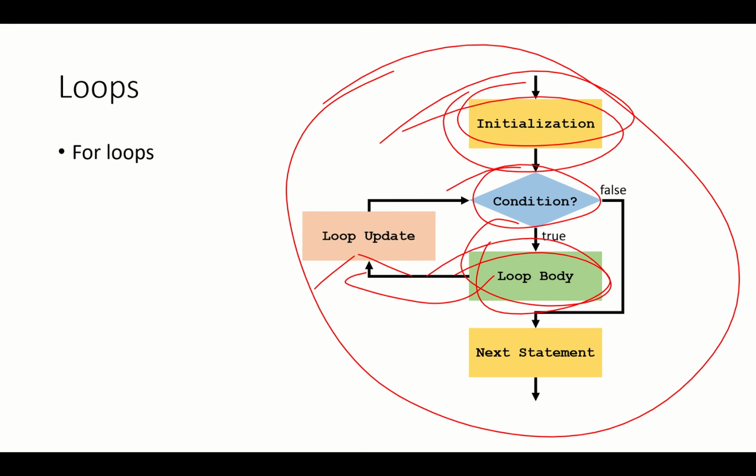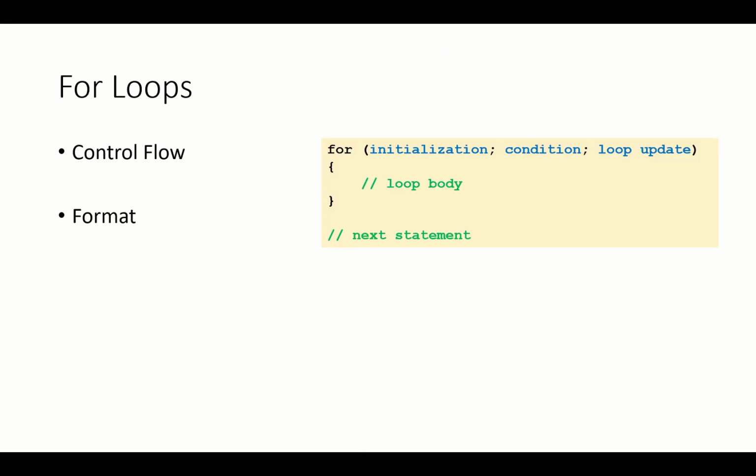So the condition is very important in the for loop. The condition will determine how many iterations you will have in the loop. Okay? So let's see the syntax. The syntax for the for loop: the keyword for, and you have parentheses. In the parentheses, you have 3 parts. First, initialization of that variable.